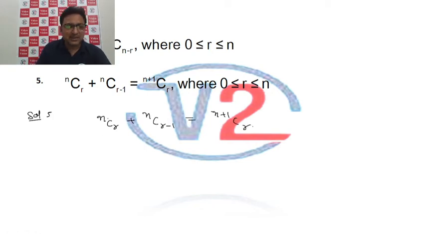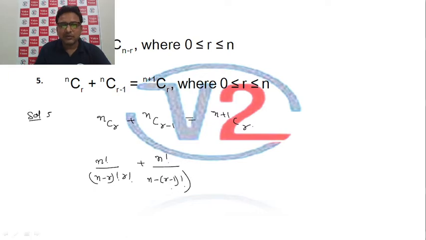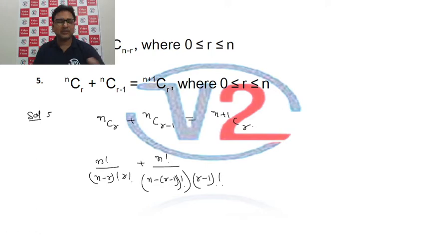We see that nCr can be written as n factorial upon n minus r factorial into r factorial, plus n factorial upon n minus r plus 1 factorial into r minus 1 factorial. I think you understand.